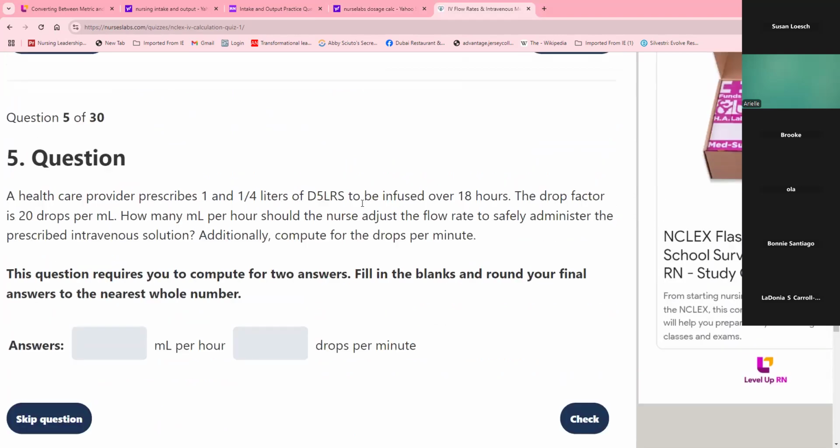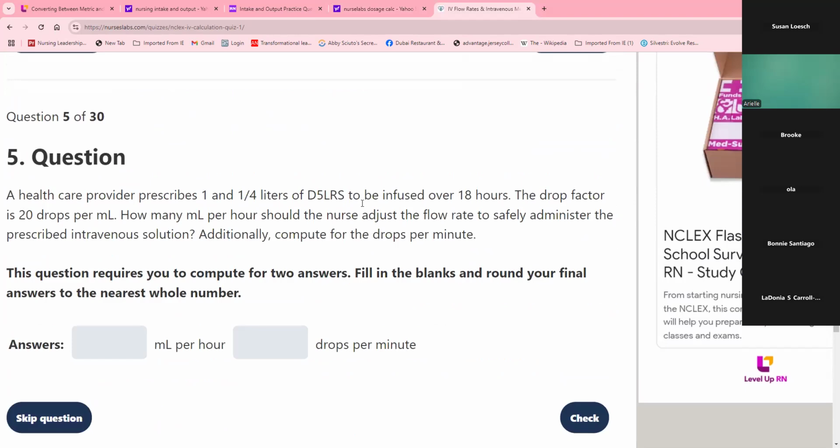When we get finished with the rounding, can we do something like this? Question number 5? Well, let's just do question number 5. But instead of rounding the milliliters per hour to the nearest tenth, we're going to round that to the nearest whole number. Your drops per minute will round to the nearest whole number. So let's start with the drops per minute for this one.